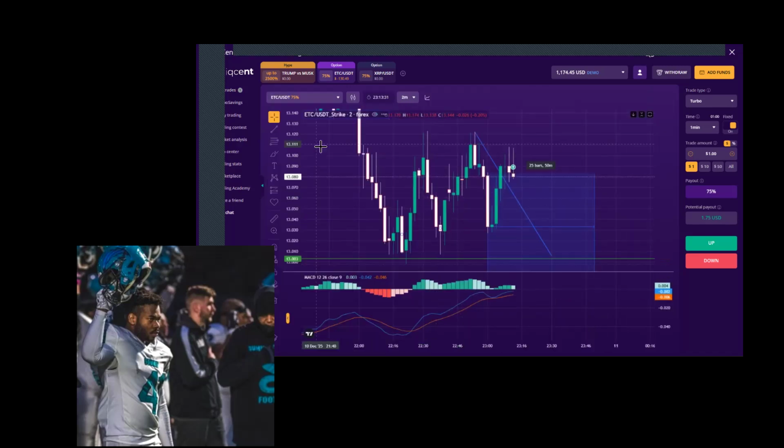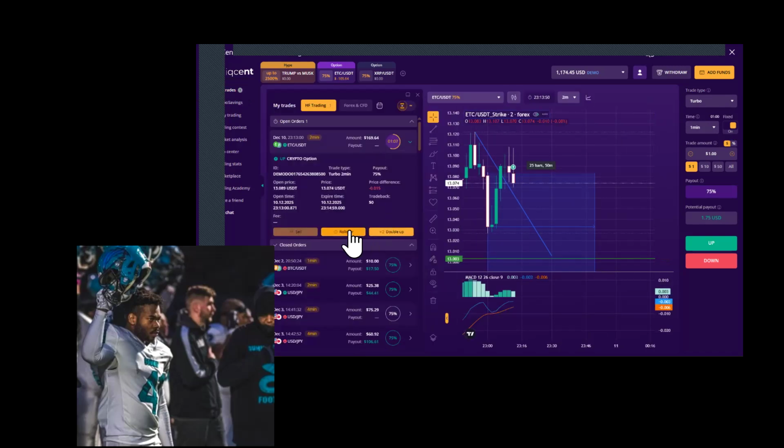So that trade is only a couple seconds if I can't roll it over. There are things called rollovers, and it gives you more time in the trade. So I put in 1 minute, I roll it over, I get an extra minute. I roll it over again, I get 2 more minutes. I roll it over again, I get 4 minutes. But it takes money to roll over.